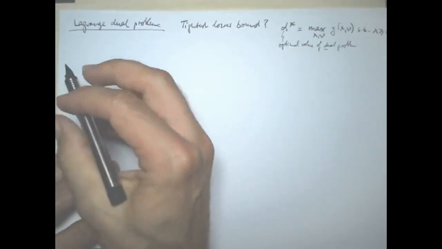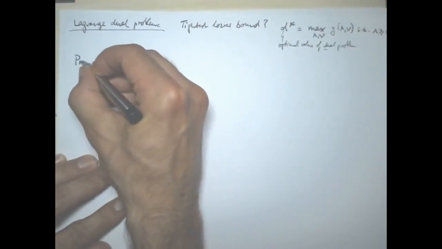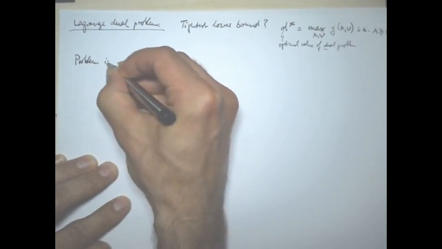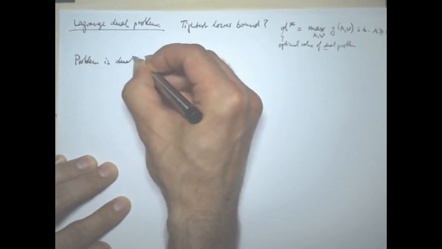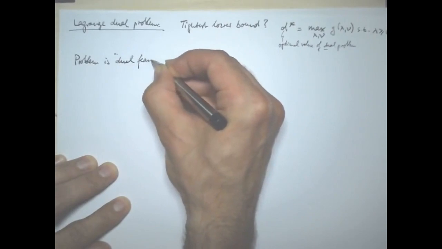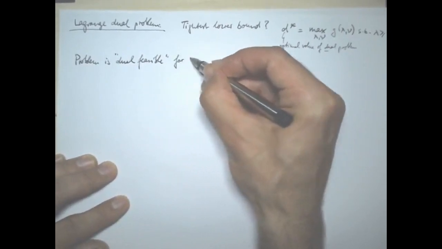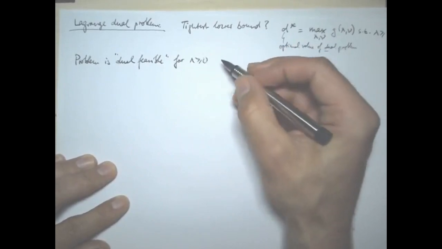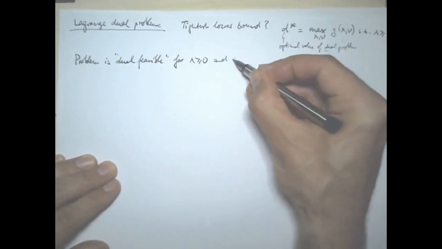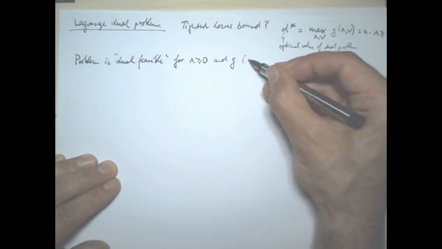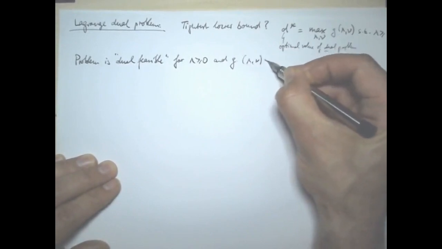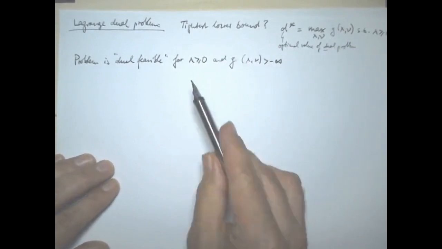And one can say that the problem is dual feasible for the dual taking values larger than minus infinity, always under the condition that lambda has to be non-negative.